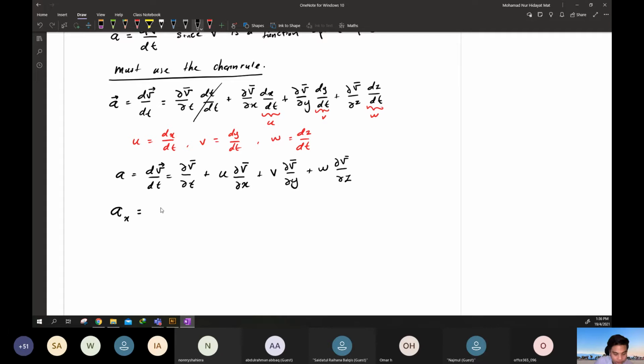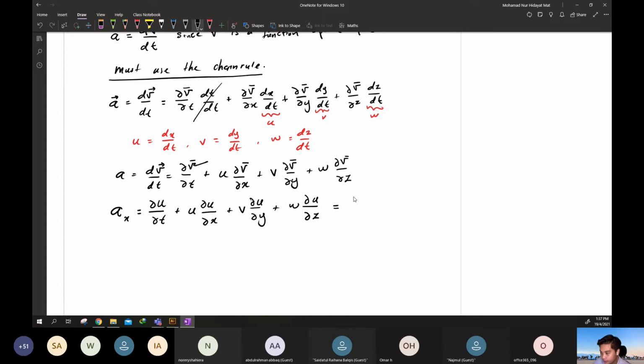So we get the partial derivative of u over the partial derivative of t, plus u times the partial derivative of u over the partial derivative of x, plus v times the partial derivative of u over the partial derivative of y, plus w times the partial derivative of u over the partial derivative of z.